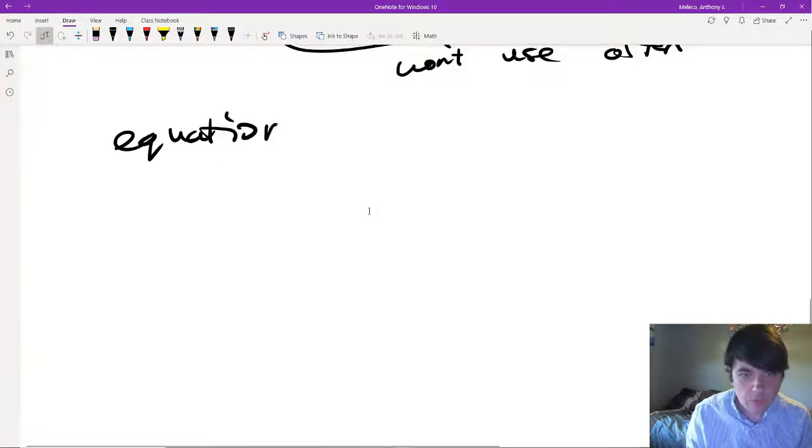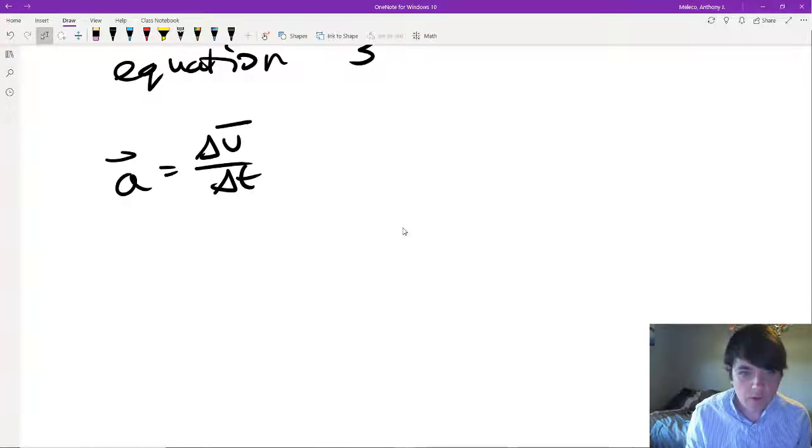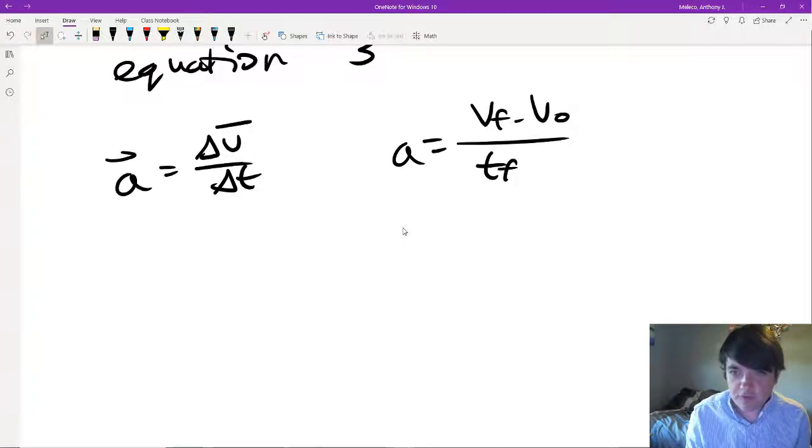Equation 3 is where we start with the definition of acceleration, just like we did with velocity. I'm going to write it out and do the same thing: v final minus v initial over t final minus t initial. That guy gets 0, and this one I'm just going to call t.